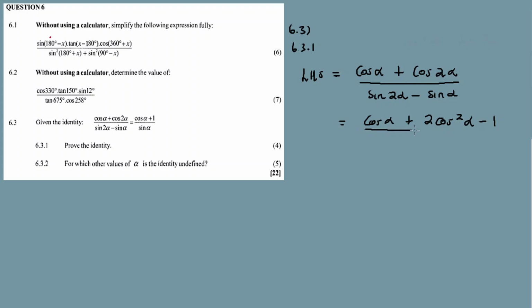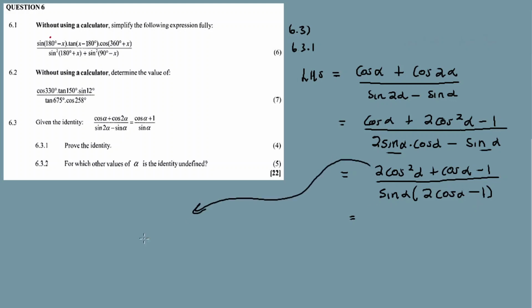So over this one, the value has to change into cos alpha minus sine alpha. Then we have a common factor, right? Common factor. Then up here, this is a trinomial.